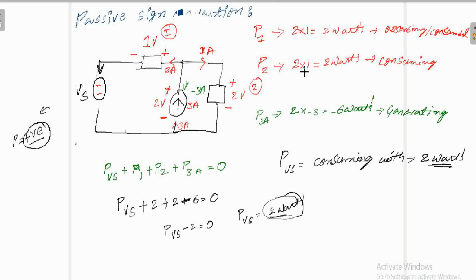In some cases, this is a voltage source, an active element, and here it is delivering. Actually the active element generates power. But in some cases, you will get generating power for a passive element also. You will get this in a DFIG, that is, a doubly fed induction generator. In a doubly fed induction generator, you have a rotor.